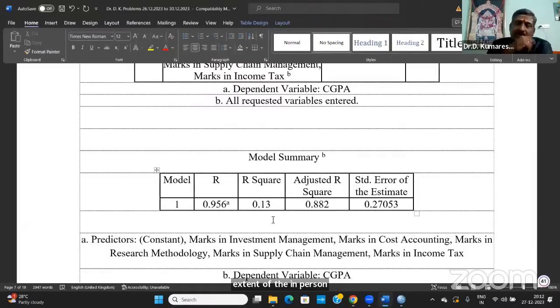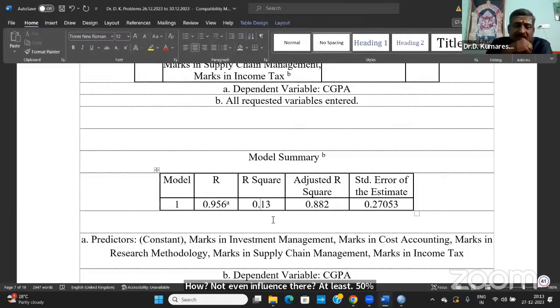So the remaining 87% of the CGPA is influenced by other variables. You just see, what we have taken has not even influenced at least 50%.